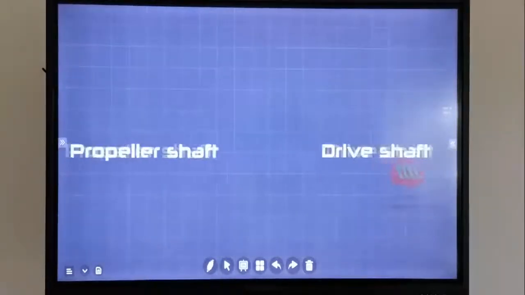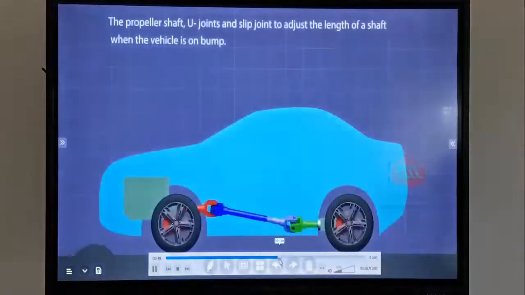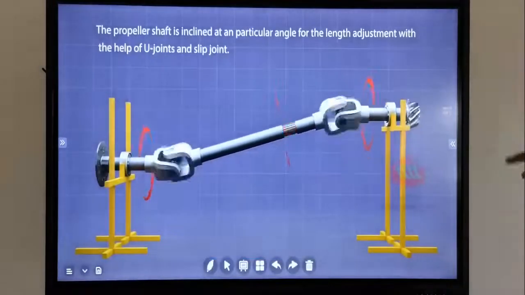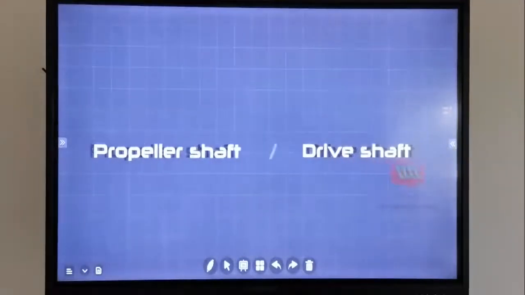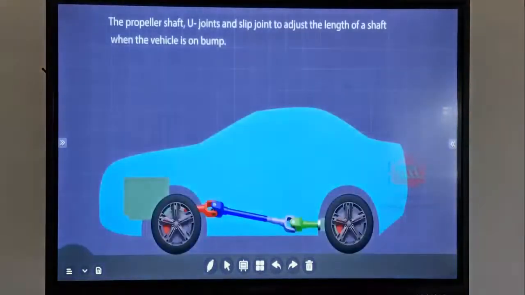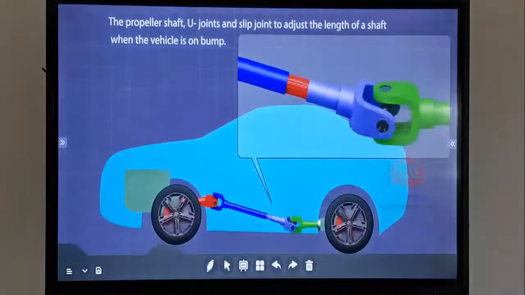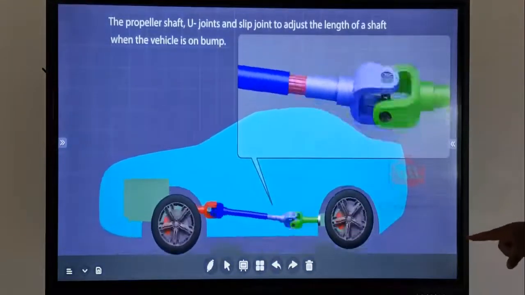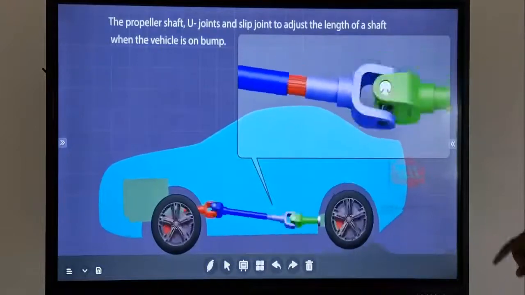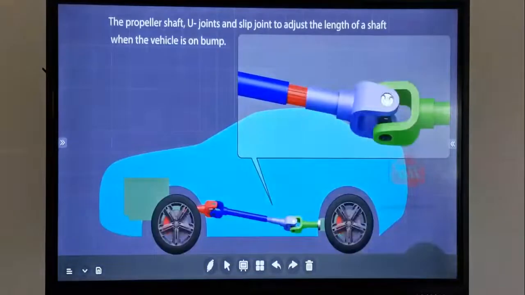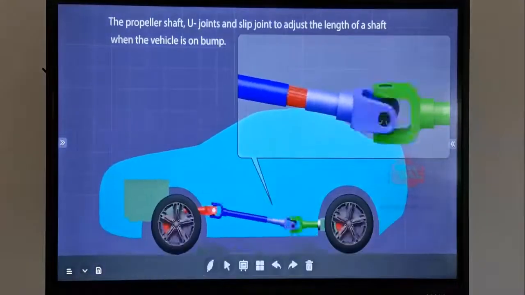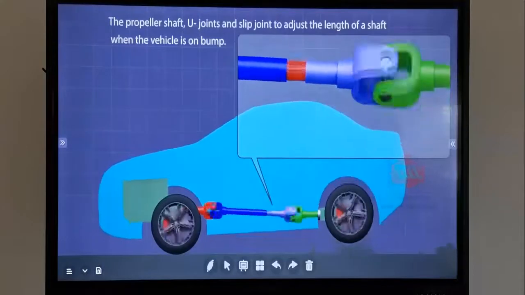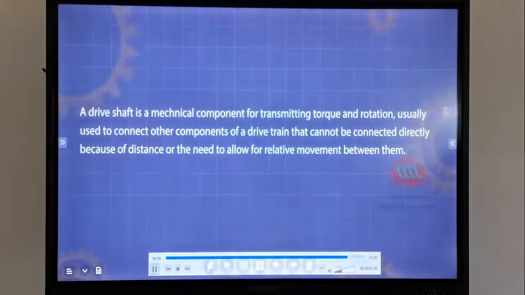I play again, you can see how it changes depending on vibration, stress and other conditions. Now we can connect it with the vehicle, and you can see how it auto adjusts.